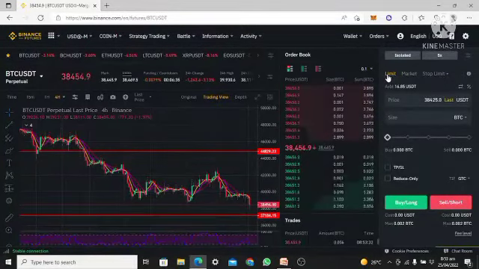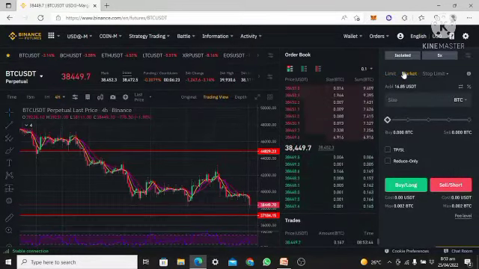So when the price drops to $38,000, that is where your order is going to be filled. While in a market order, you are saying that at the best price at the moment, let it be filled. You want to buy at the best price at the moment.